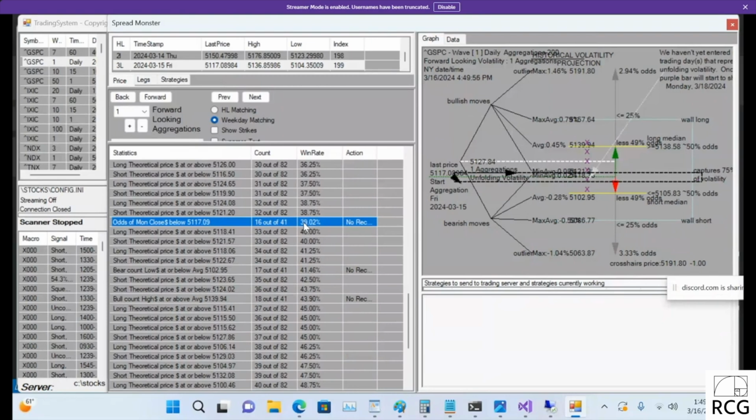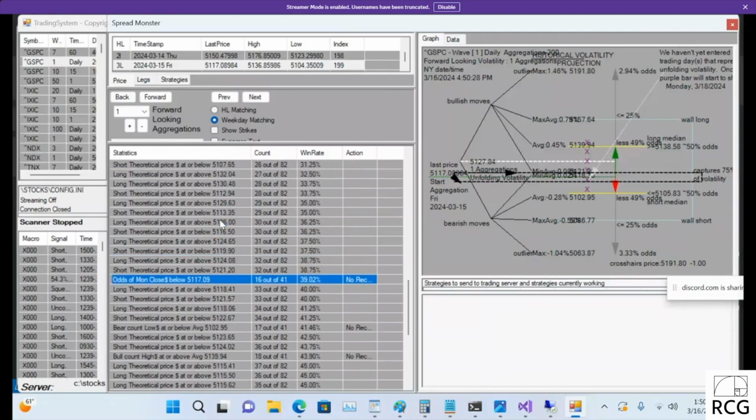So that gives a 61% chance it could close above. I'm not good at math, but if I had the odds that it closes 39% below, do we have the odds of where it won't close above? Because that would give me my odds for an iron condor. I can't remember if I put those in here or not.